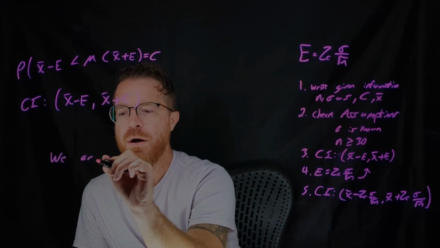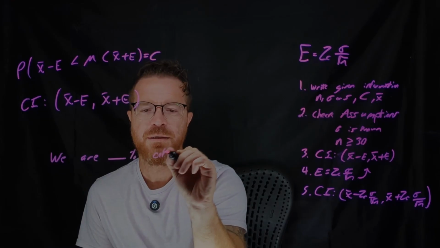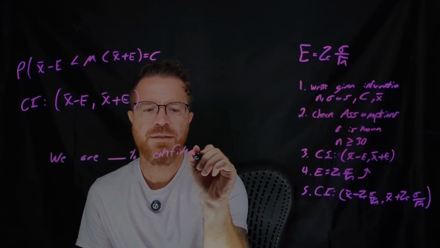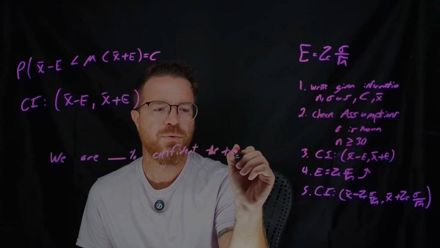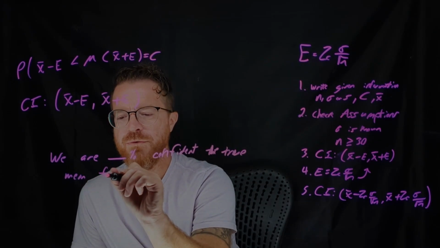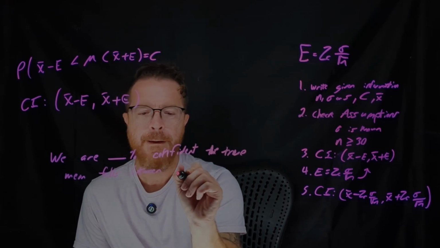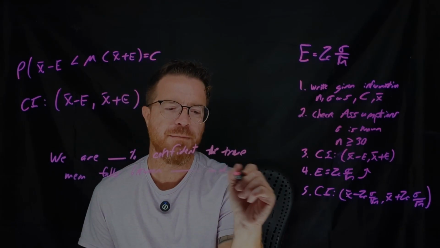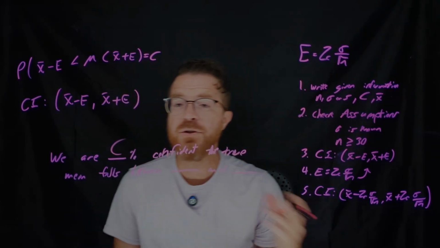we are blank percent confident the true mean falls between blank and blank, where this percent is going to be whatever your C is.